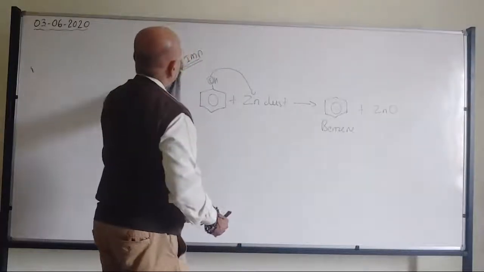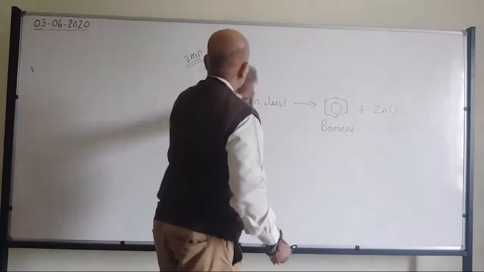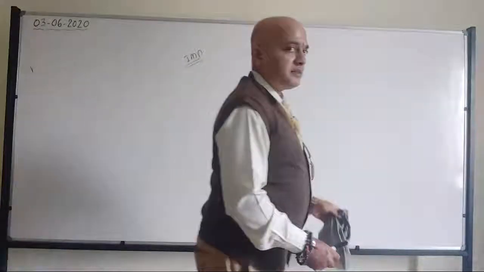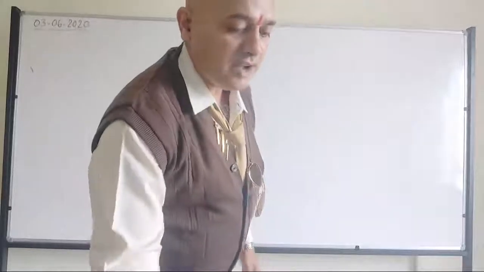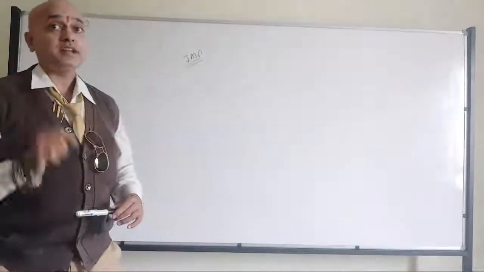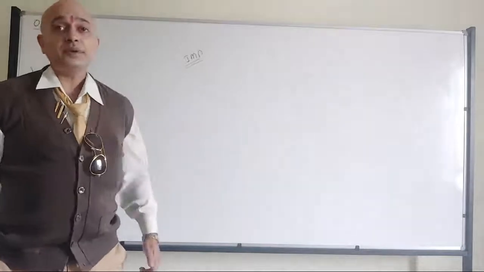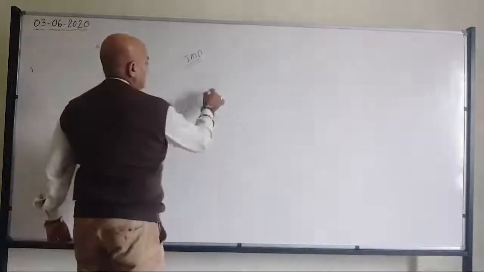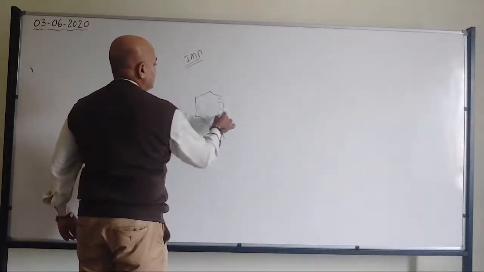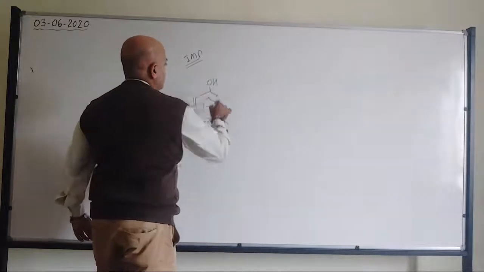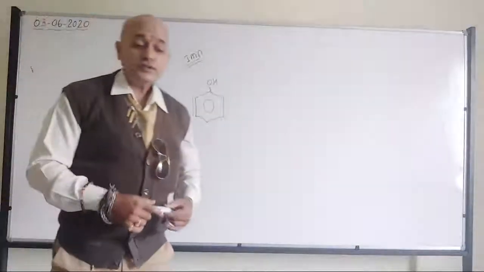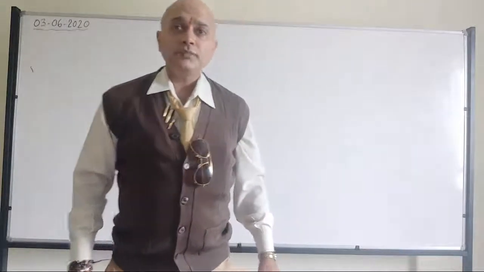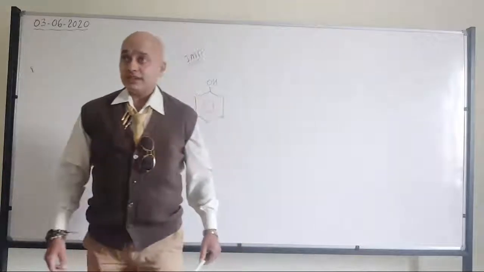Now, the next one is important. That is the oxidation of the OH group. That's what I told: salicylaldehyde cannot be directly oxidized to salicylic acid due to the presence of the OH group. Now, when phenol is treated with sodium dichromate, Na2Cr2O7, you might have used it in your laboratory.